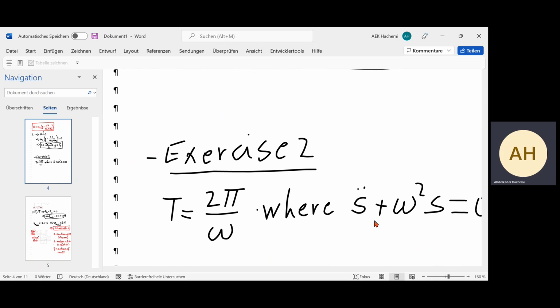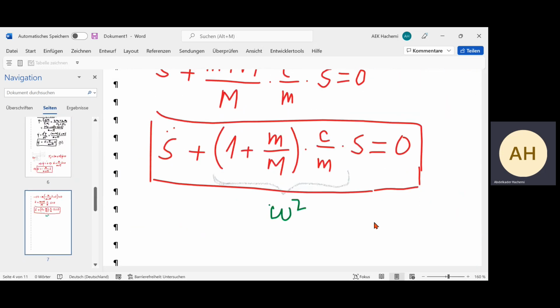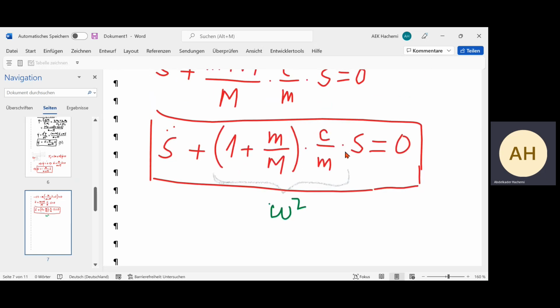This is the differential equation. And then we get here this term as omega square.